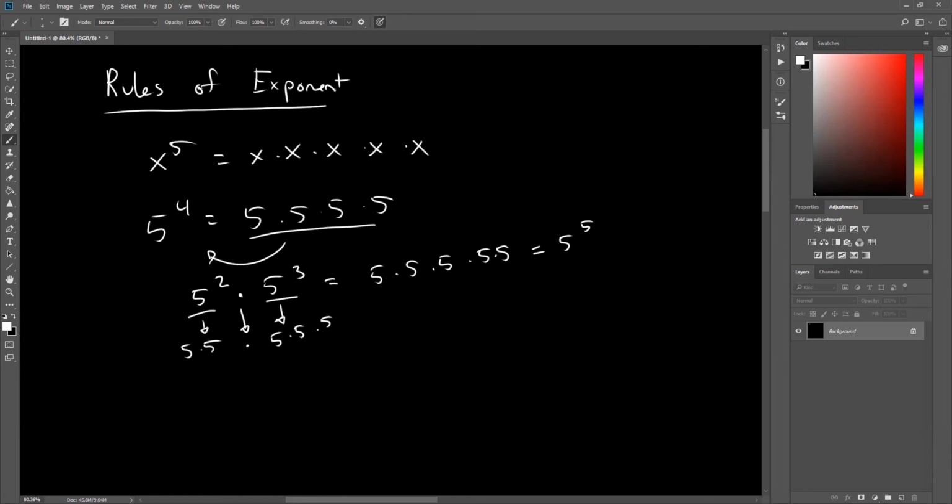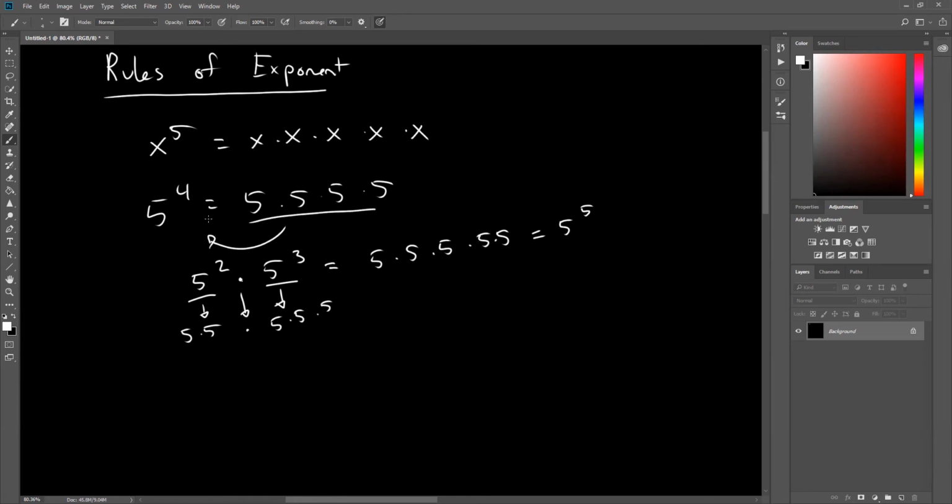So this gives us our first property or rule. We're just going to call it the product rule of exponents. What this basically says is that when we have a certain exponent with the same base times another exponent with the same base, or two numbers with the same base multiplied together with different exponents, you add the exponents.